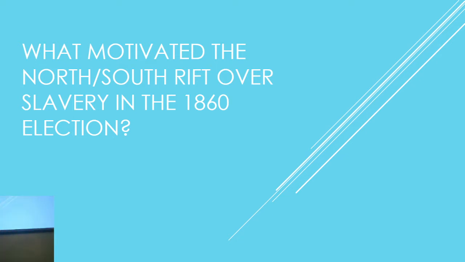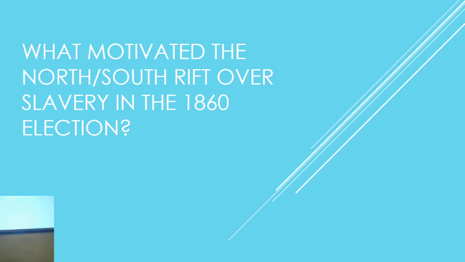But this is a kind of burning question for historians. What motivates civil war? What goes from being a sort of tension to being a party issue and ultimately a cause for war? And so I want to talk about some explanations for that.